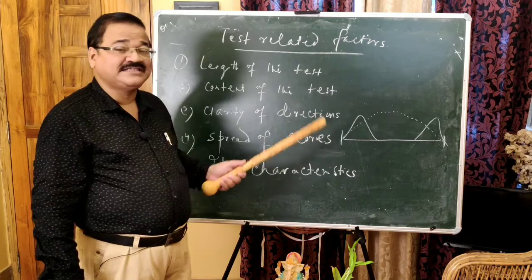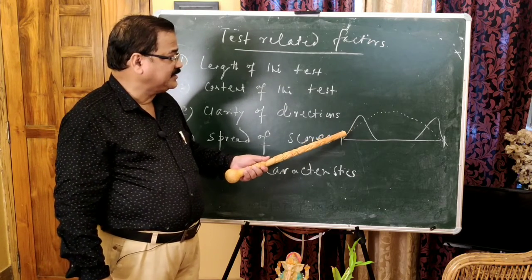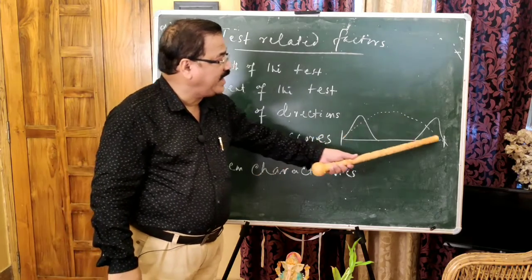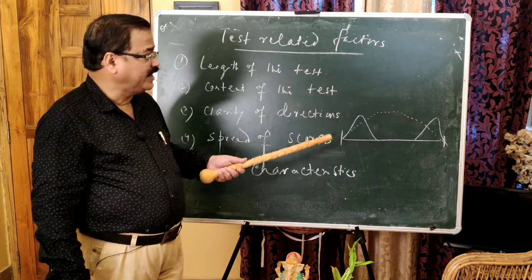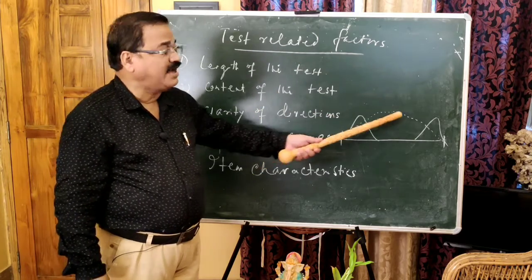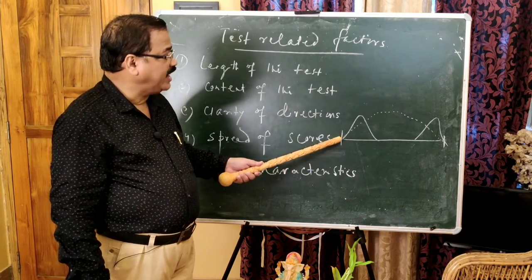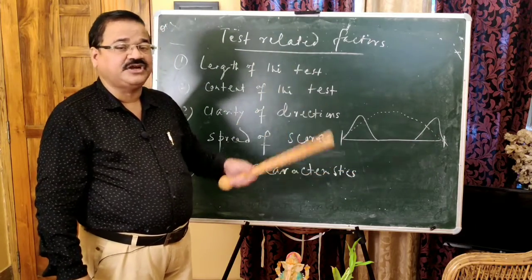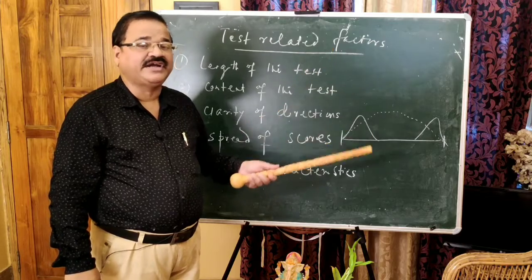But a good item is one which helps students to secure marks in such a way that the marks will be spread all along the scale. In a group, students will secure different marks, spreading from the lower end to the higher end. There should not be concentration of scores at one particular end. That is a poor and defective item.